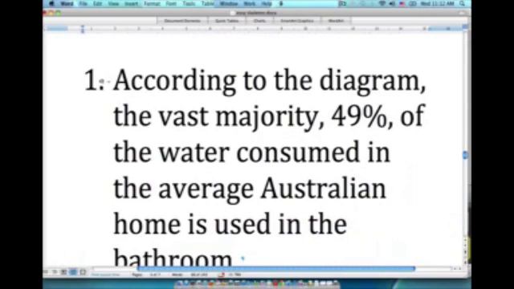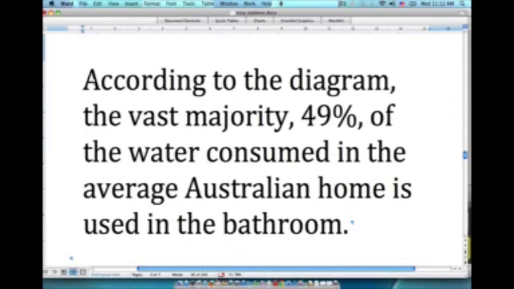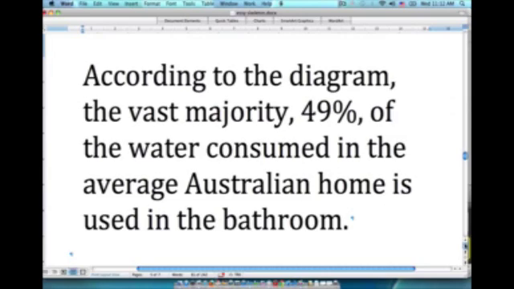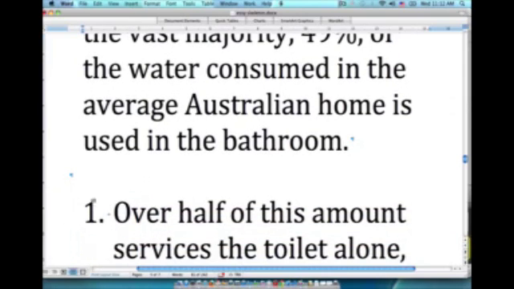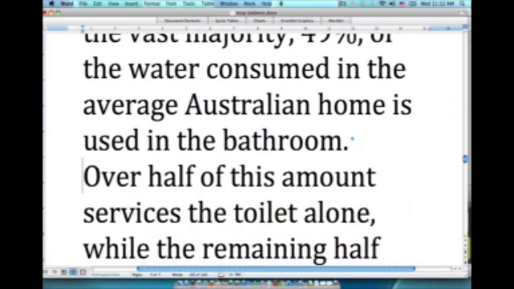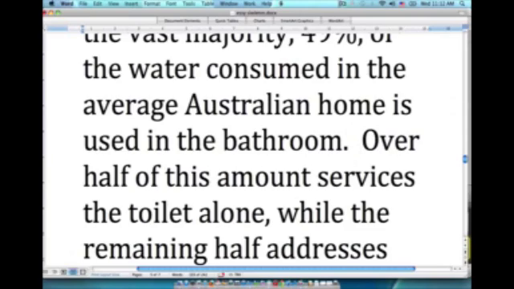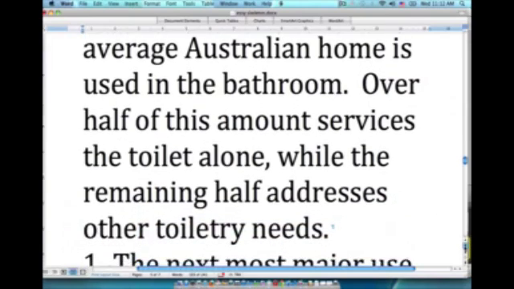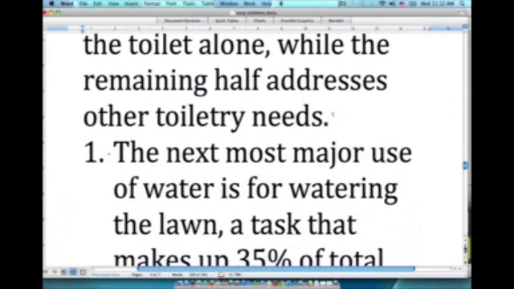Then we get into our paragraph about the diagram. According to the diagram, the vast majority, 49% of the water consumed in the average Australian home is used in the bathroom. Over half of this amount services the toilet alone, while the remaining half addresses other toiletry needs.